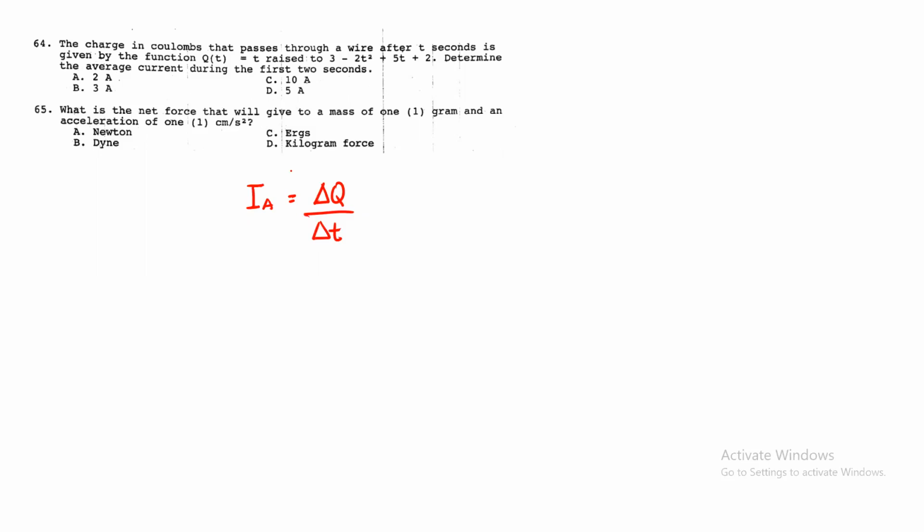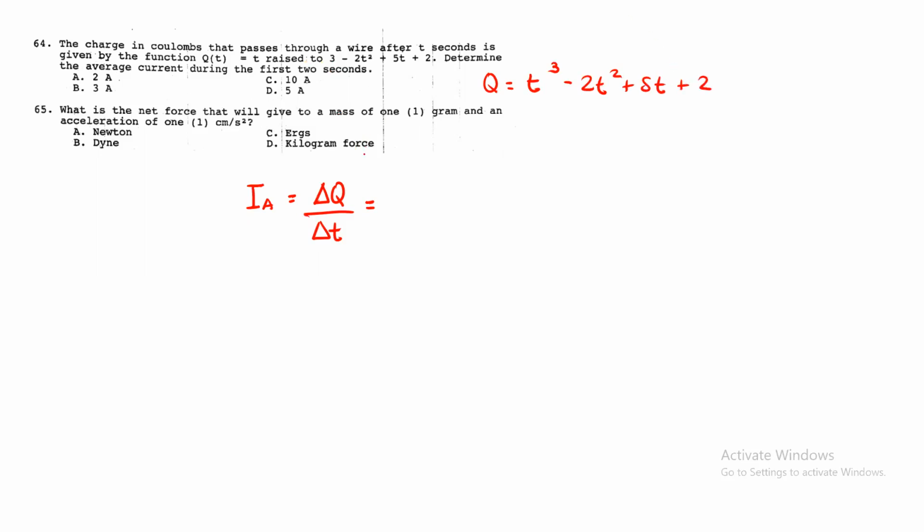So, kukunin natin yung change in Q natin dito. So, ang equation natin, Q is equals to T raised to 3 minus 2T squared plus 5T plus 2.